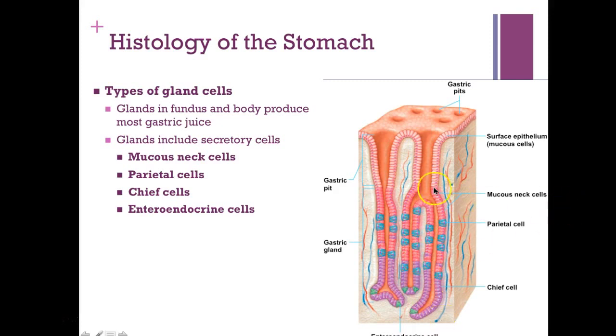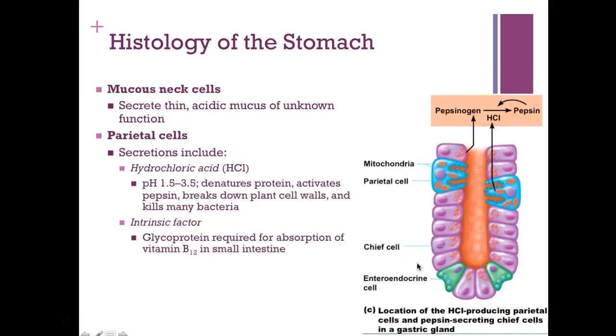So we talked about our mucous neck cells, but we also have our parietal cells in blue and our chief cells that are in purple, and lastly the enteroendocrine cells, which are they pictured here? I don't believe so, but maybe they're these little purple ones that are embedded here and there. So our mucous neck cells are going to be the ones to secrete the mucus.